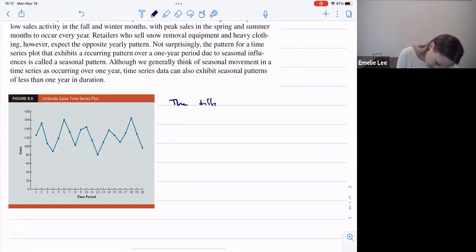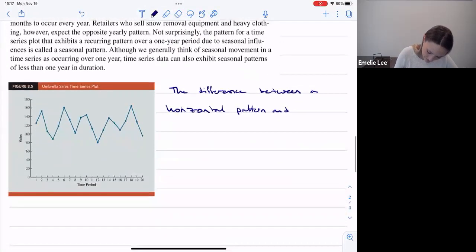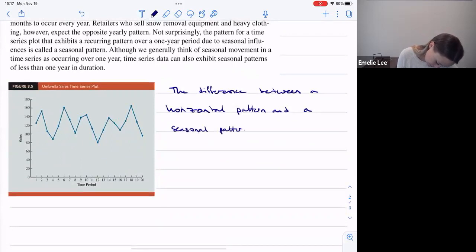The difference between a horizontal pattern and a seasonal pattern is very difficult to see just visually in a graph.